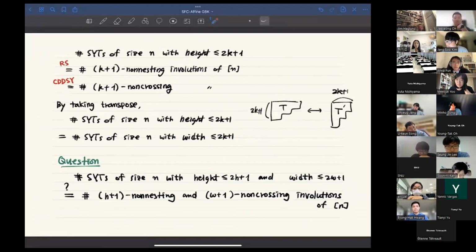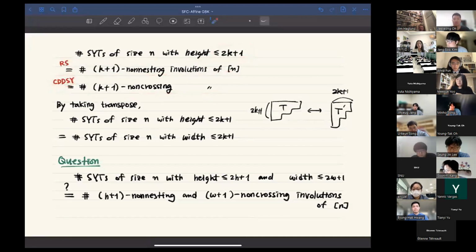So here's a summary of what I have said so far. The number of standard Young tableau of size n with height bounded by 2k plus 1 is equal to the number of k plus 1 non-nesting involutions of n. This is due to the Robinson-Schensted bijection. And because of the symmetry between nesting and crossing, this number is equal to the number of k plus 1 non-crossing involutions.